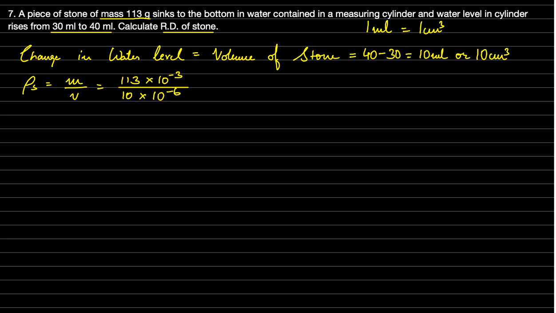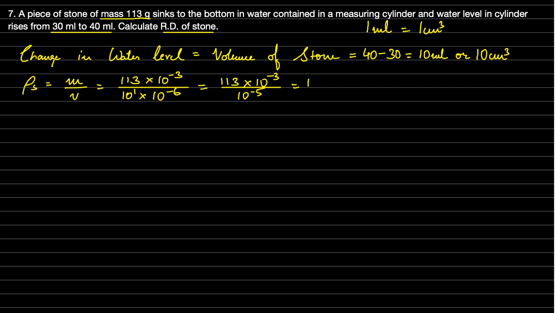So we have got minus 6 in the denominator, into 10 to the power of plus 1. So we have it as 113 into 10 to the power of minus 3, and in the denominator 10 to the power of minus 6 plus 1 gives me 10 to the power of minus 5.